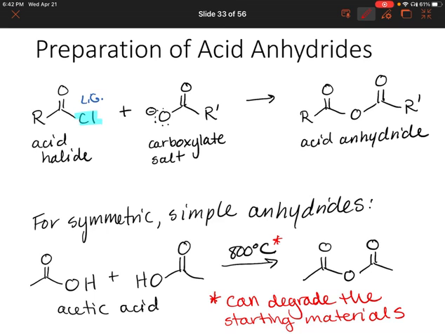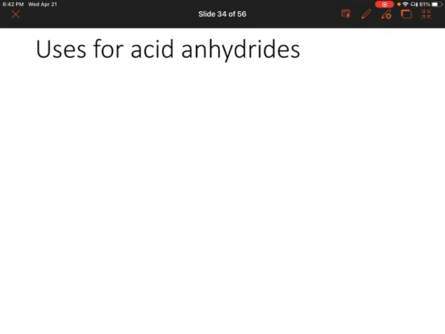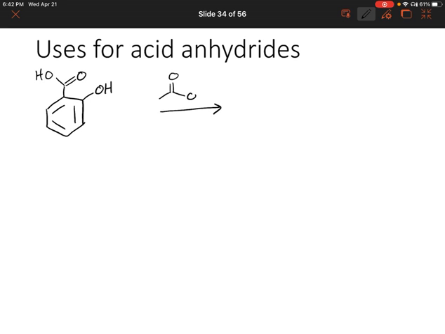All right, so let's talk about some uses for acid anhydrides. So if we react this starting material with acetic anhydride, let's see, so the starting material is called salicylic acid.